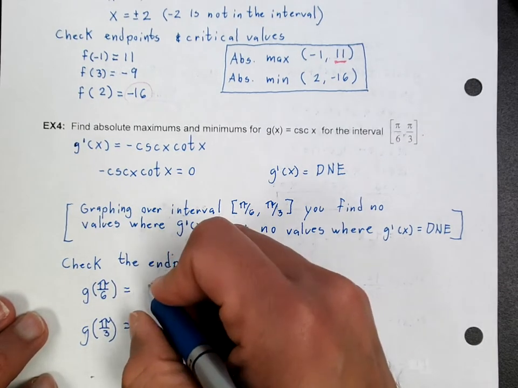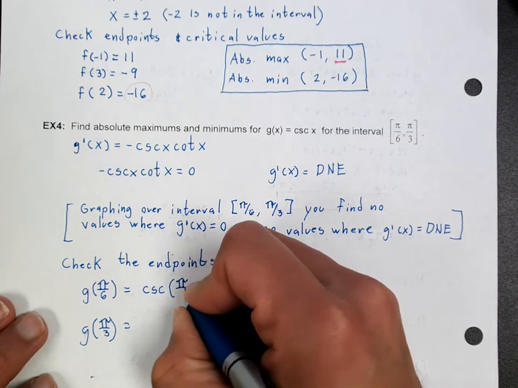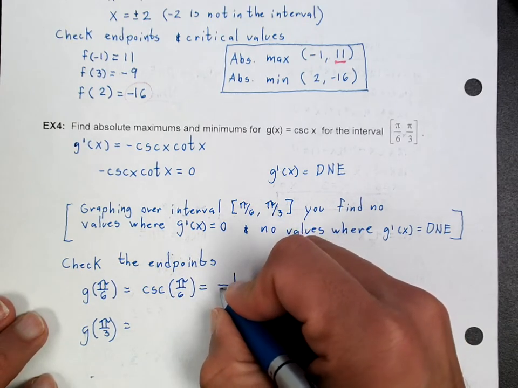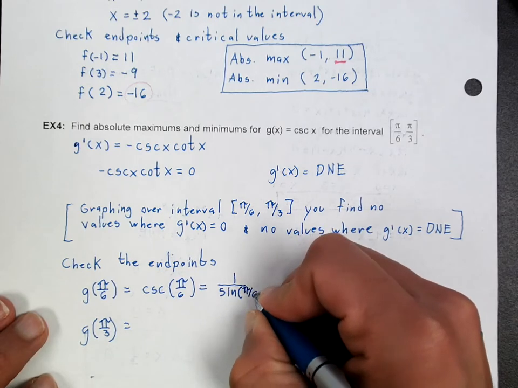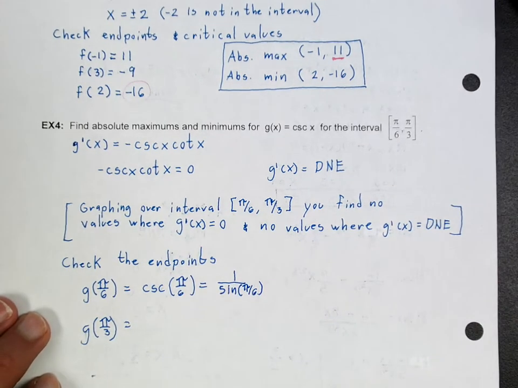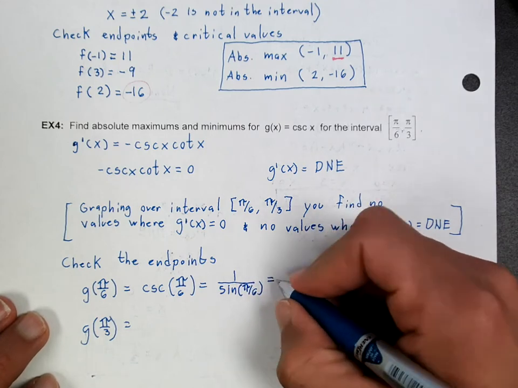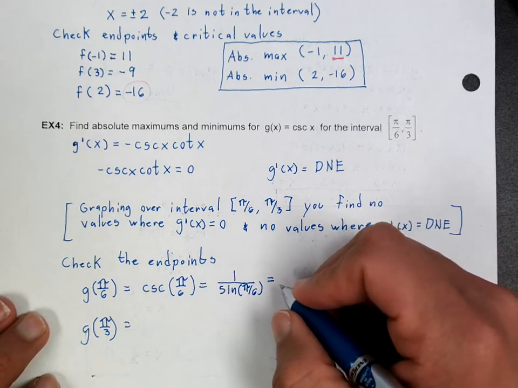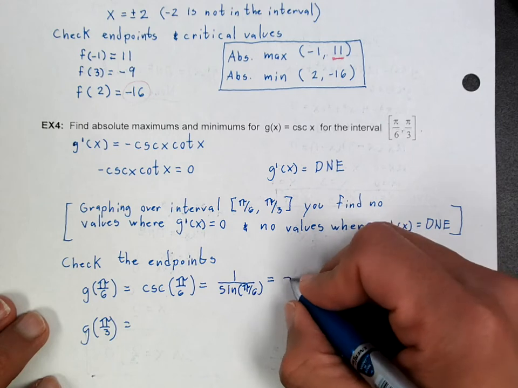So this would be cosecant of pi over 6, which is the same thing as 1 over sine of pi over 6. Sine of pi over 6 is 1/2, so 1 over 1/2 is equal to 2.